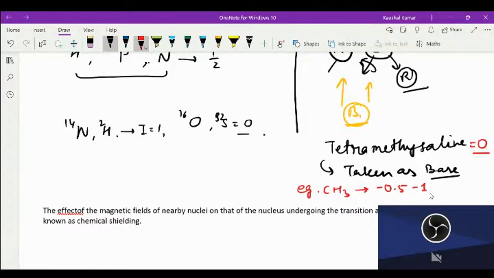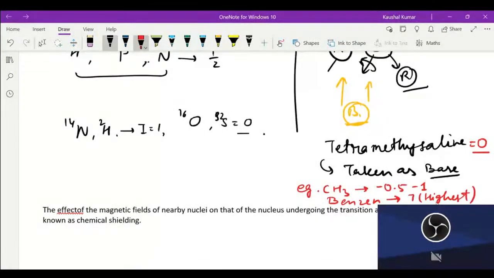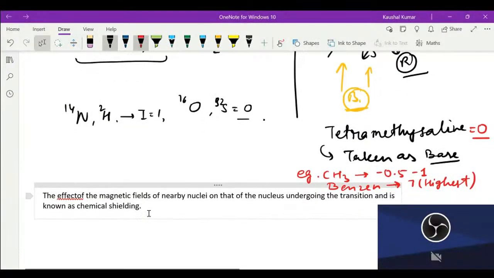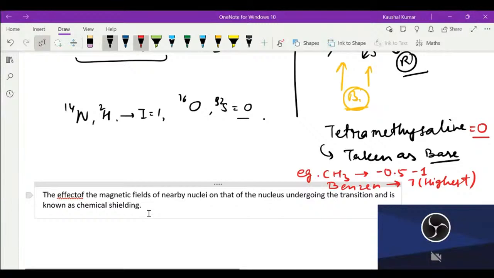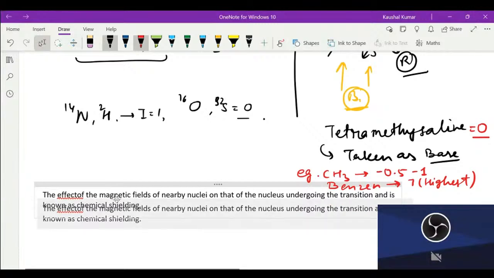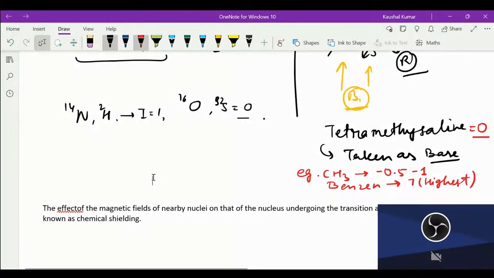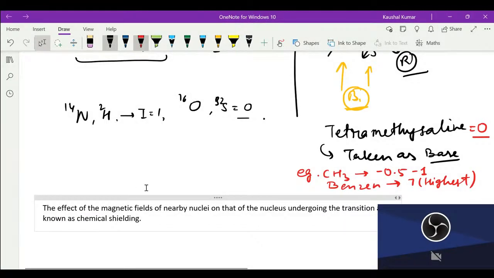And if benzene is there, its chemical shielding is the highest; it will show the highest chemical shielding. Am I clear to you? So the effect of the magnetic field of nearby nuclei on that of the nucleus undergoing transition is known as chemical shielding. Hope you understood by this line.